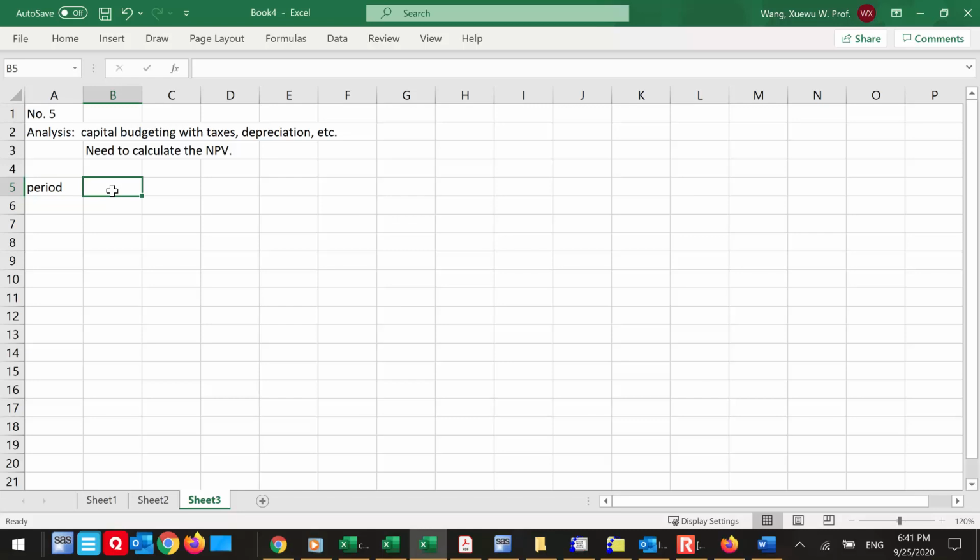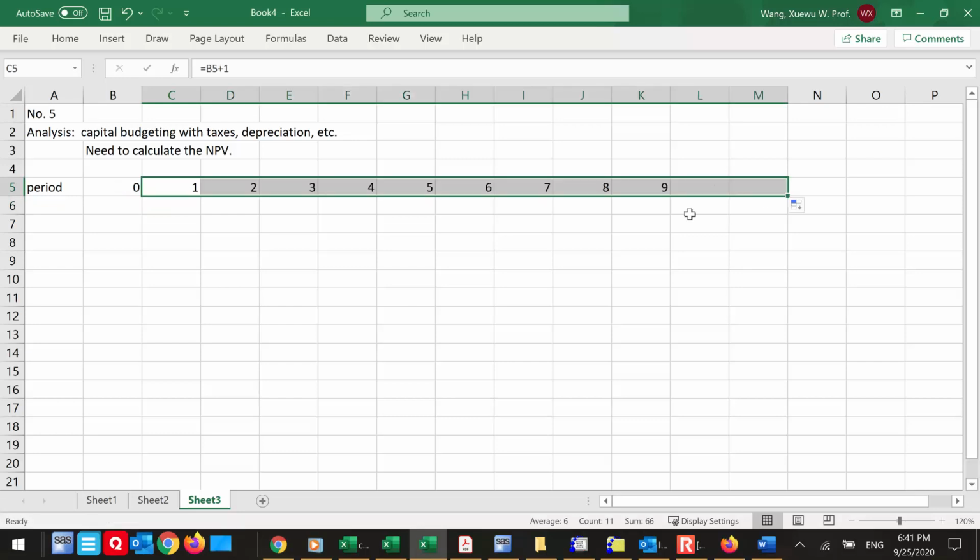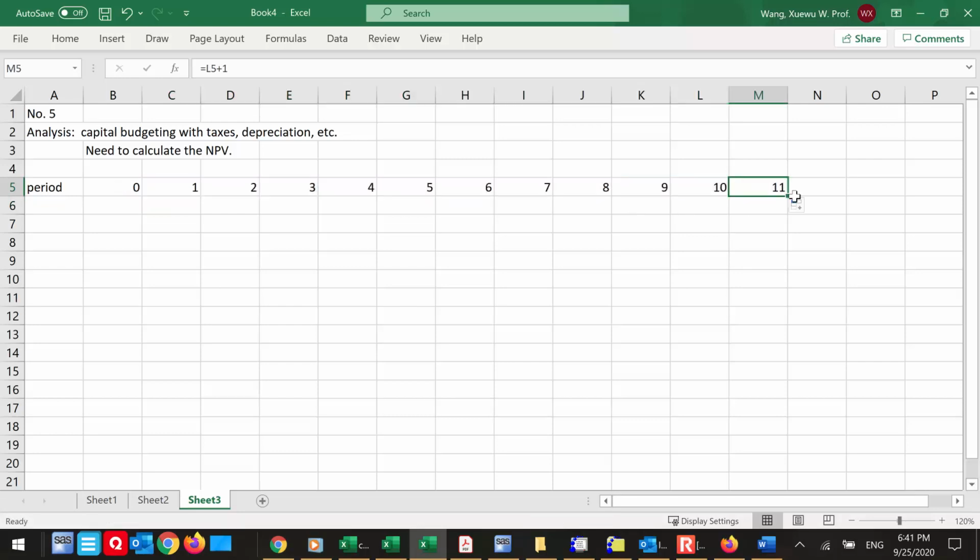This is for 12 years for this machine, so I want to build a 12 period timeline here. We're thinking about the NPV of the differential cash flows, or the incremental project of going from outside supplying to own production.